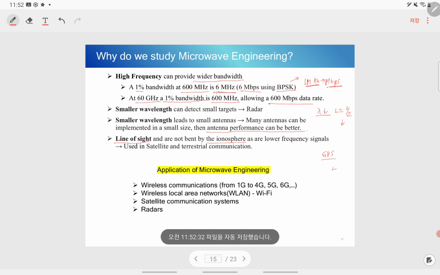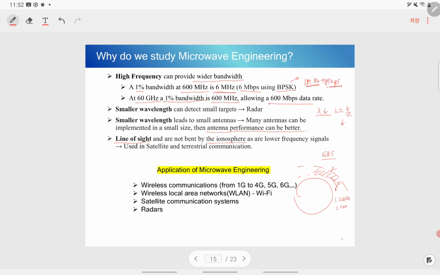So let's say we have a satellite and then we have Earth, right? In between we have an ionosphere. This material between the satellite and Earth blocks very low frequency, so we should use high frequency. So we use 1.2 gigahertz or 1.5 gigahertz for this GPS communication.